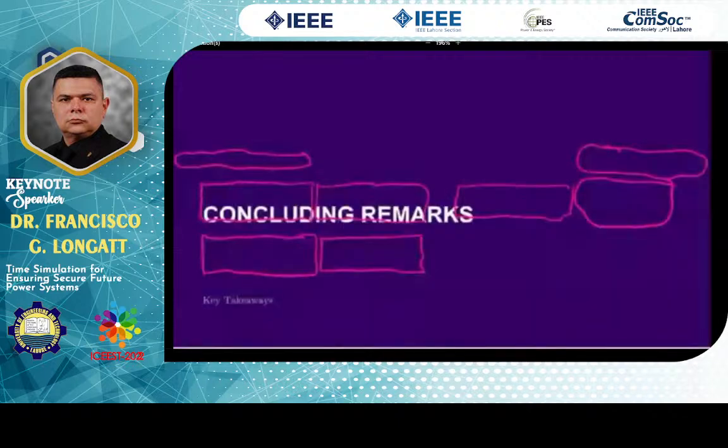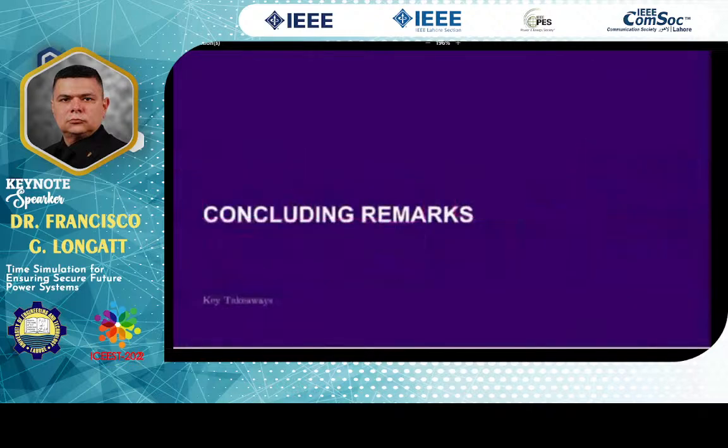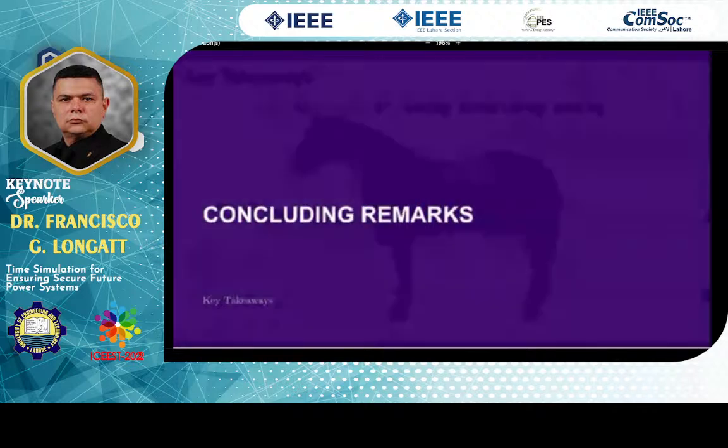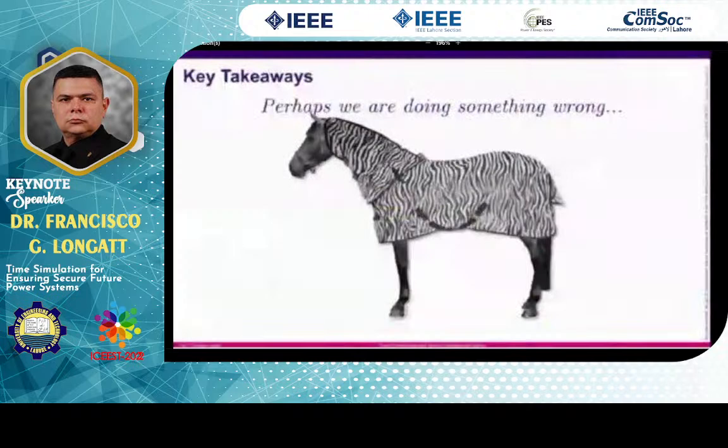Well, we are reaching the end of this presentation, and it's really sad that we are running out of time, but it's time to make some conclusions here, and to be honest, some takeaway. At this moment, there are many things that I would like to say, but I think the most important conclusion of this presentation is that you understand that the electrical power systems, they are changing.